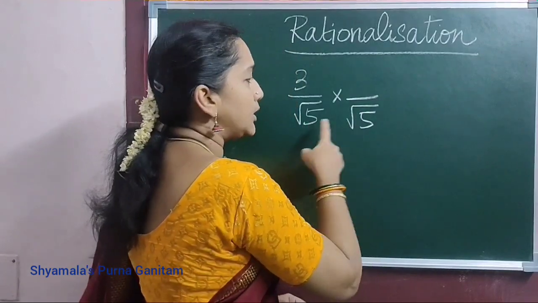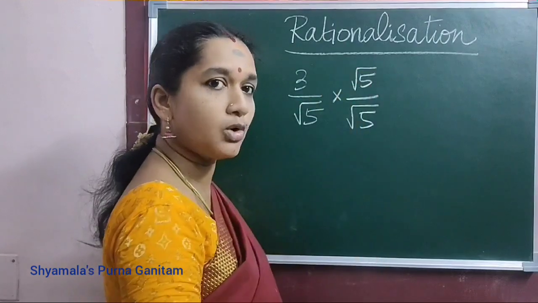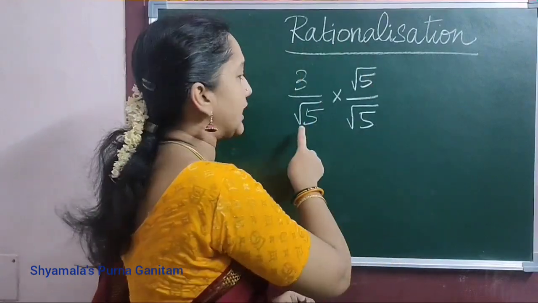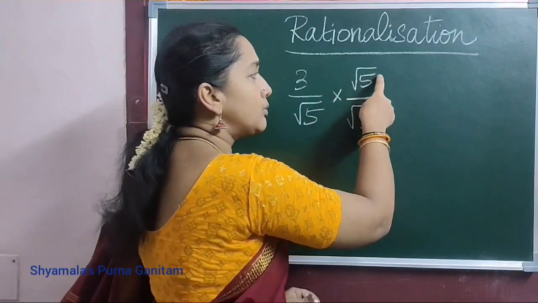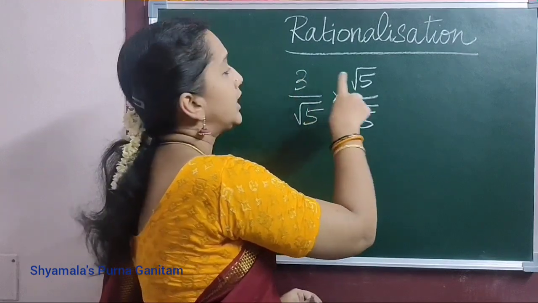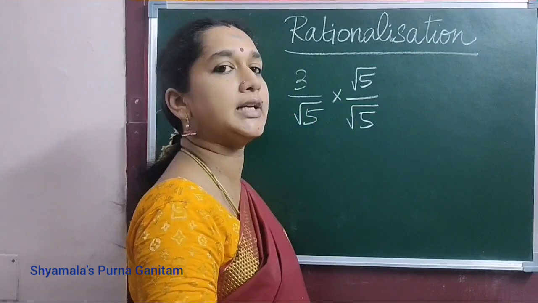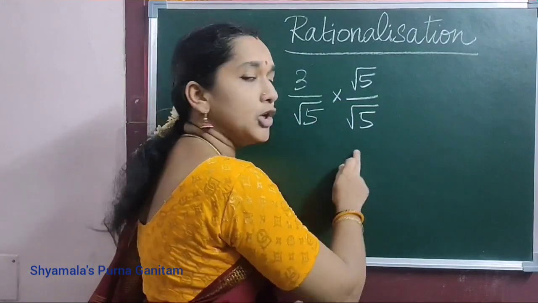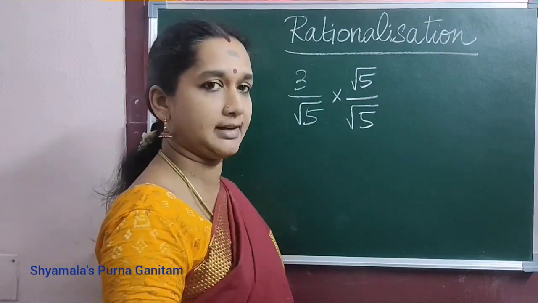Whatever you are doing in the denominator has to be applied in the numerator also. The numerator and denominator of the given fraction have to be multiplied by an irrational number so that you will get a rational number in the denominator. So this number is called the rationalizing factor.